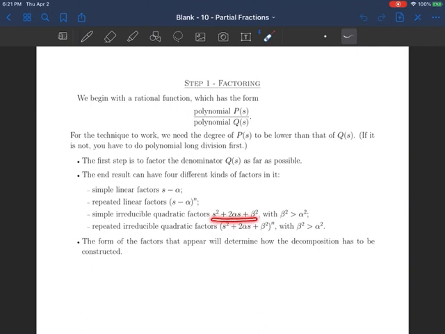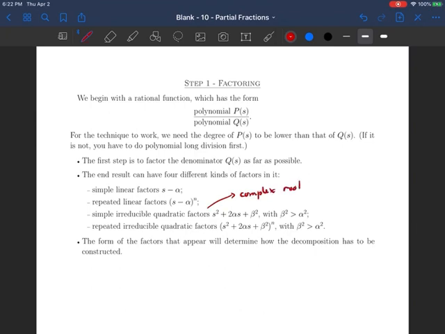They have a complex part or an imaginary part. And if we write it in this form, which is the standard form we see in the textbook, (s plus alpha) squared plus beta squared, then the way you can tell it's irreducible is if that beta squared is bigger than the alpha squared. So you're comparing the coefficient of s divided by 2 and then squaring that, and that has to be smaller than the constant coefficient, right? And that's basically the discriminant if you tried to solve this by the quadratic formula.